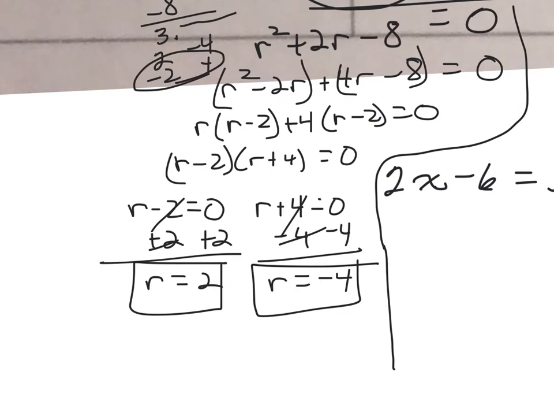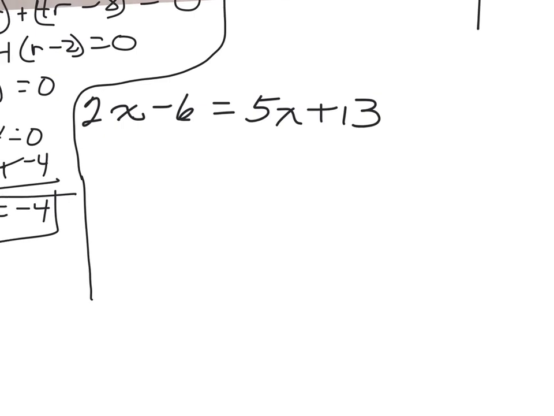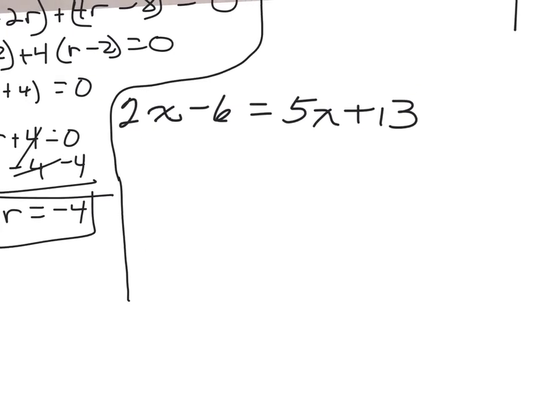Okay, and if we take a look at this problem here, again, we're going to ask if it's linear or quadratic. So on this problem, you're going to answer that it's linear because it's first degree. And if it's linear, that means x is on one side, constants on the other. So I want you to be able to recognize, hey, which one of these types of equations do I have? And then, okay, now that I know which type I have, let me apply the appropriate strategy.